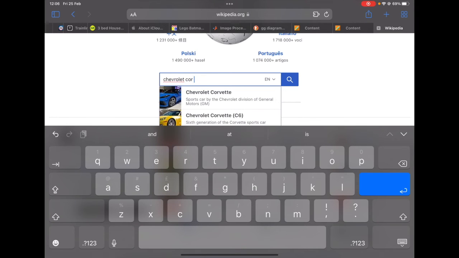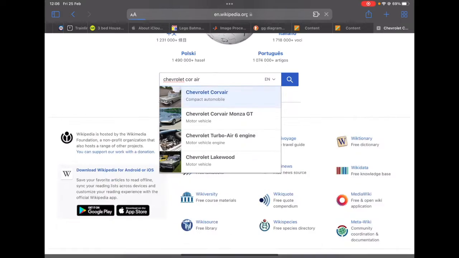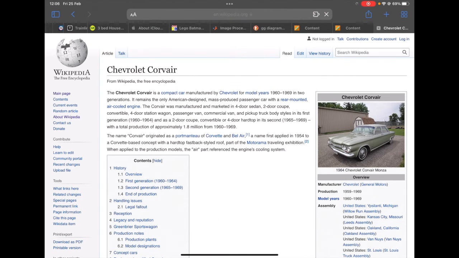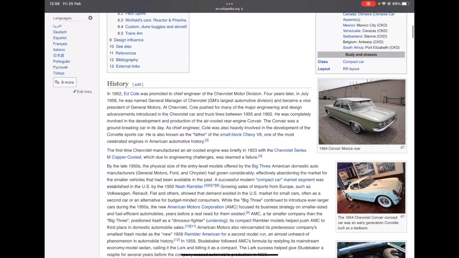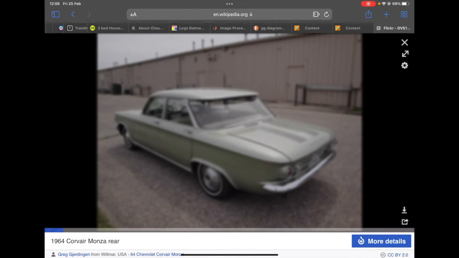Corvair. There it is, 1959 came out. Nice picture. Chevrolet Corvair. Unusually, it was rear engine, like a Beetle.